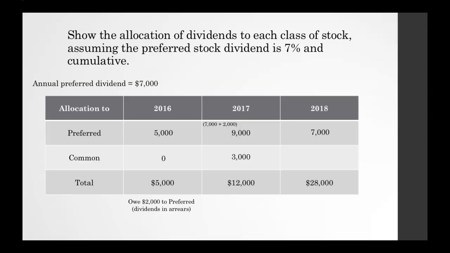Preferred gets their $7,000 because that's the amount that they're supposed to get every single year, right? We don't owe them from any previous years, and we're able to give them all $7,000 because we're issuing a total of $28,000. So they just get their $7,000 that they're supposed to get each year. Now, common gets anything that's left over. Well, there's a lot more left over now for common, right? So common shareholders get $21,000 here in 2018.